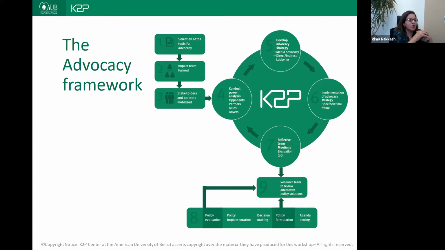And then the process of mobilizing stakeholders, conducting a power analysis, and then thinking, given the outcomes of the power analysis, what are the appropriate strategies and tools that as a team you need to develop, and then thinking about evaluation of the whole process. So we will be moving through these phases in the hour and a half that we have.